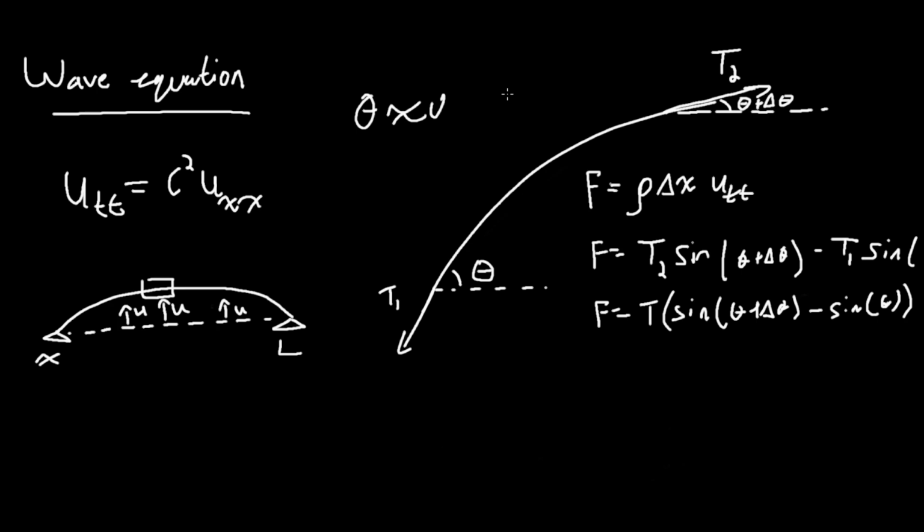That means if I were to divide everything by cosine, it wouldn't affect anything. I could write the limit as theta goes to 0. This is essentially what's happening because the angles are so small. Cosine theta is equal to 1.